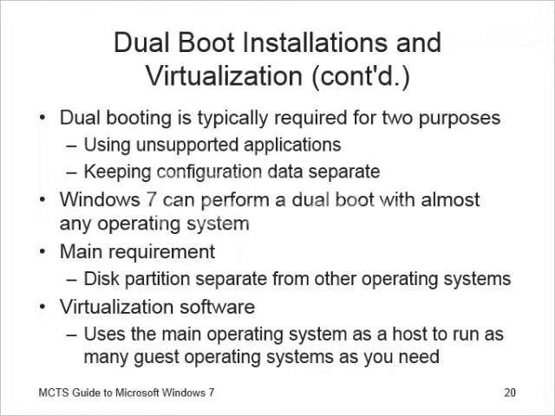Windows 7 includes support for booting from a virtual disk file. In some cases, this can simplify dual booting by eliminating the requirement for a separate partition and having to restart your computer every time that you need to use a new operating system.